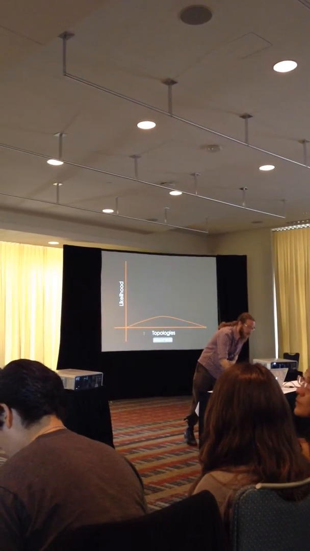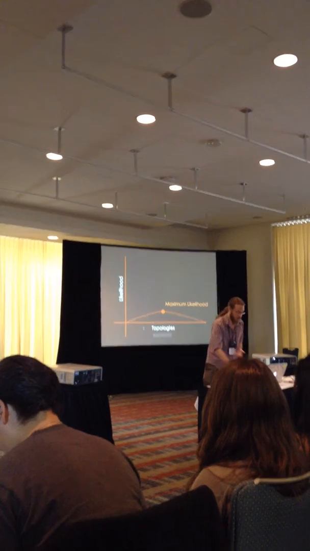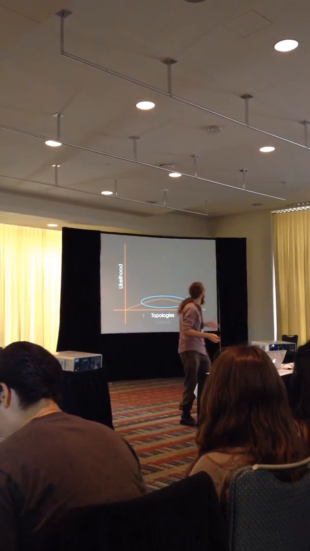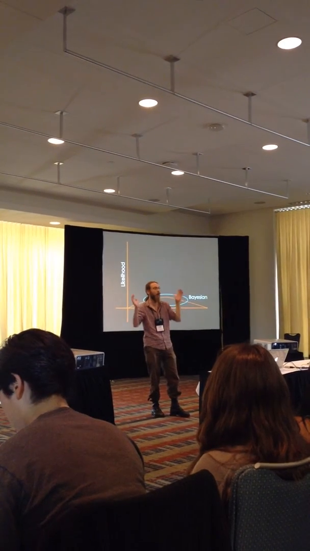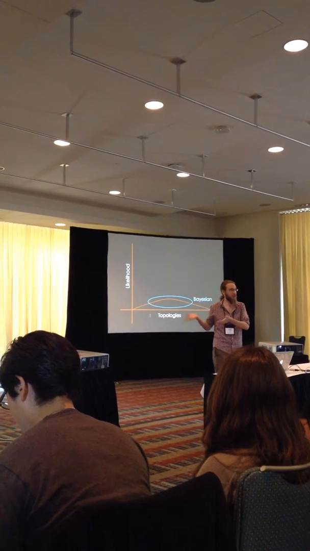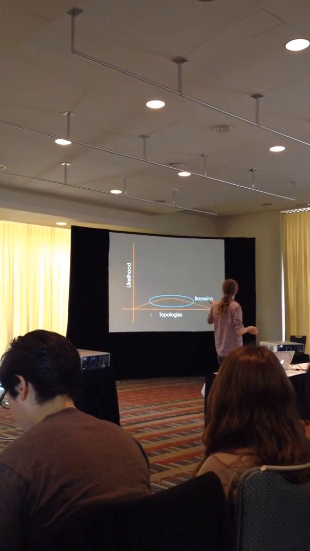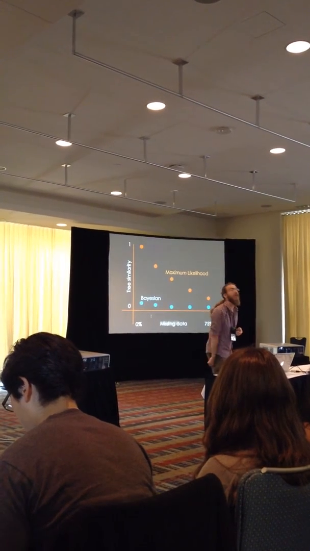However, if your likelihood landscape looks more like that, in maximum likelihood it's still fairly easy, but in Bayesian you will have a high probability of sampling in this region. It's just way wider, so you have a way bigger variance in topology. And we think that it's this huge variance in topology that leads to these results.